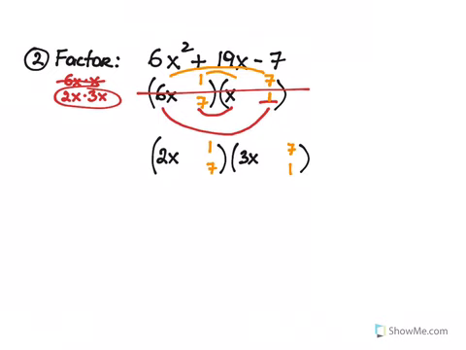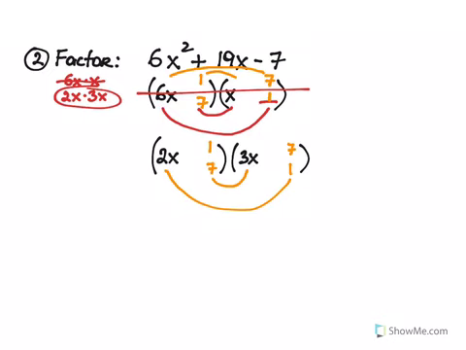Hopefully one of these combinations works. And I actually can see clearly that having 7 multiplied with 3x would give me 21x. Having 2x multiplied with 1 will give me 2x. 21 and 2 are 19 units apart. I think I found the pair that will work.